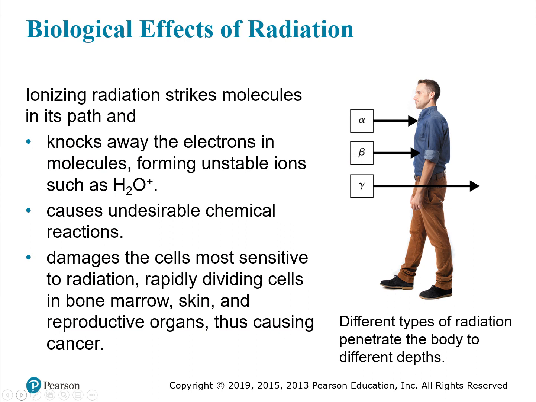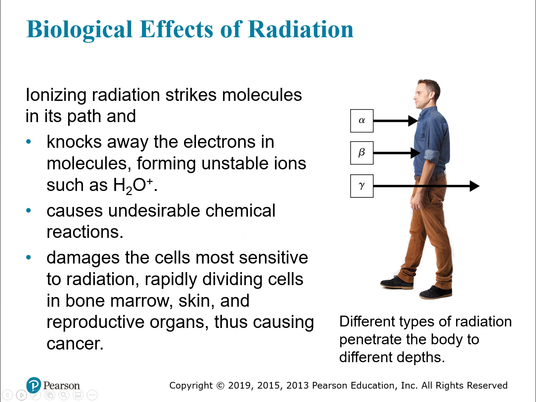Radiation absolutely has biological effects. When ionizing radiation encounters molecules, it will knock away the electrons in molecules like water, and it's going to form unstable ions. Those unstable ions can do chemistry in the body, and they can cause undesirable chemical reactions to occur.